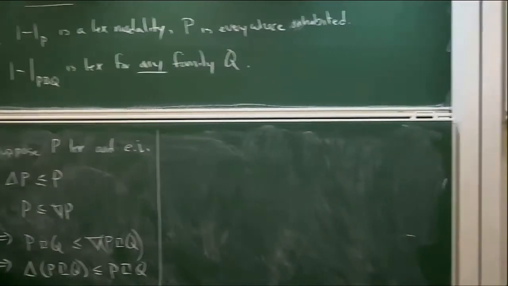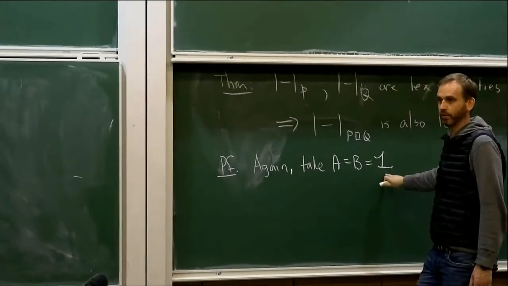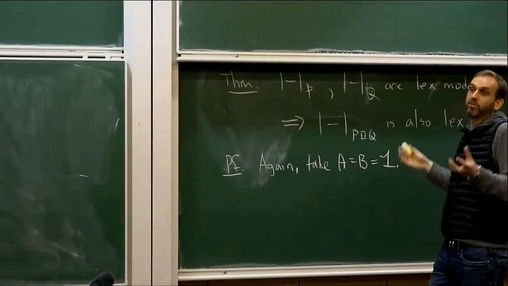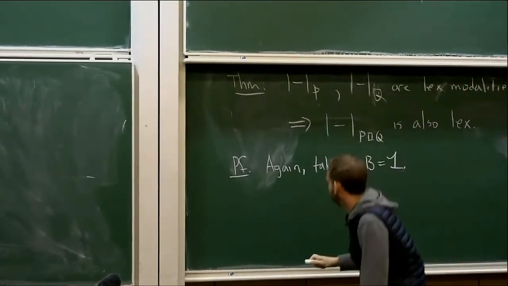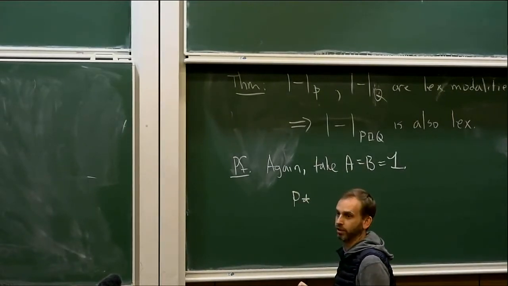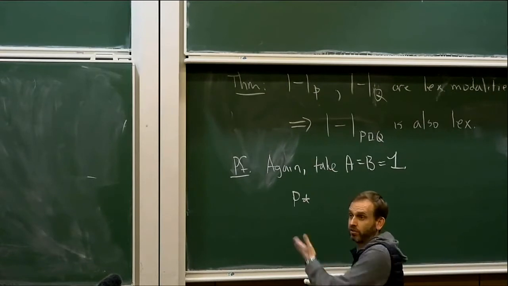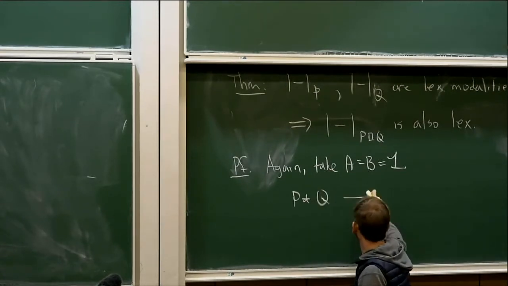So first, let's observe the following. I'm going to again take A, B equals 1. Nothing will change. So P and Q are now just single spaces, which happen to generate Lex modalities. And the box product when P and Q are just spaces turns into just the join of these two spaces. So I have this map right here.